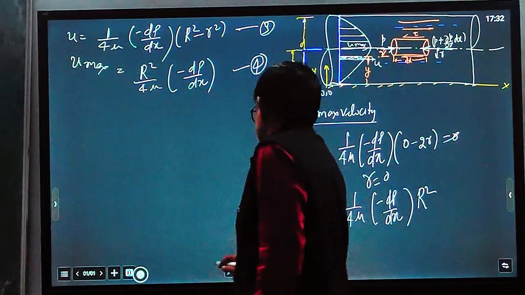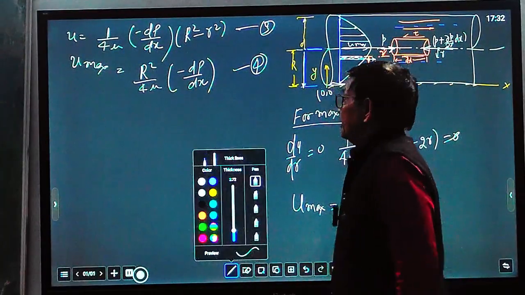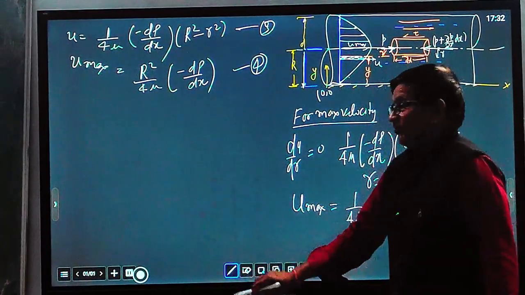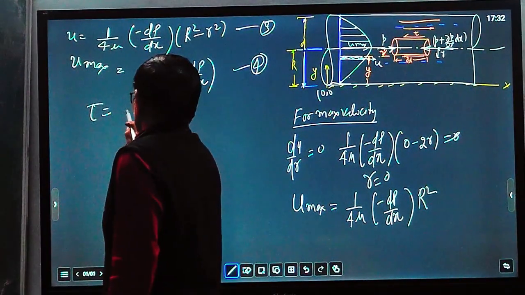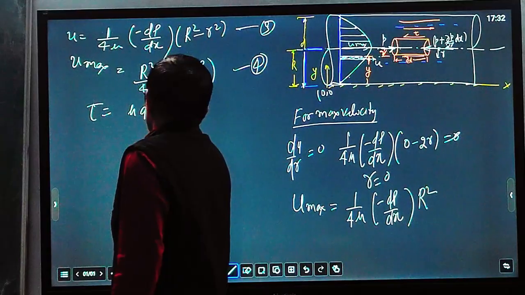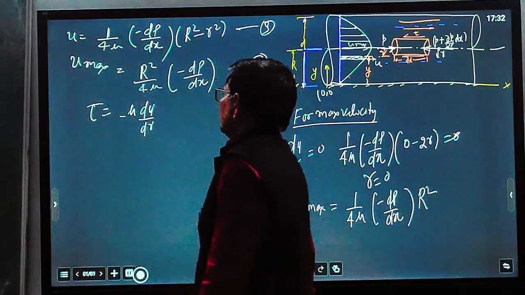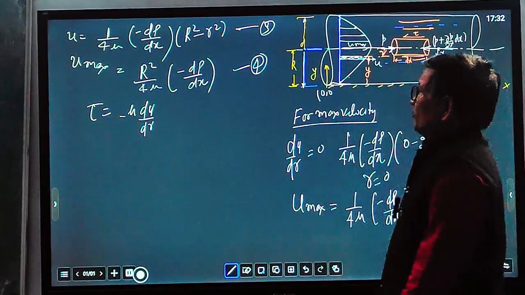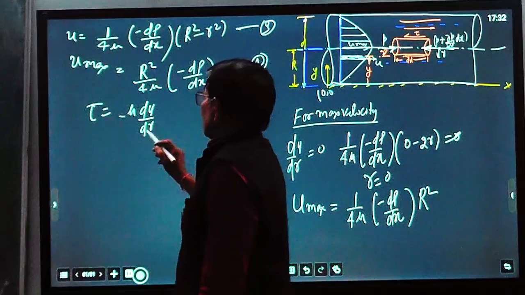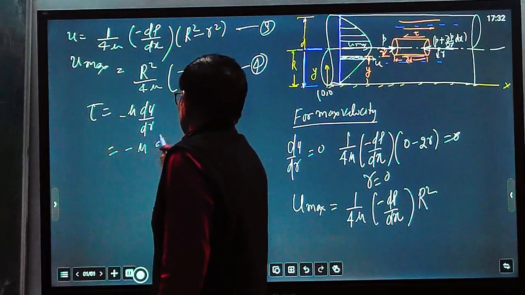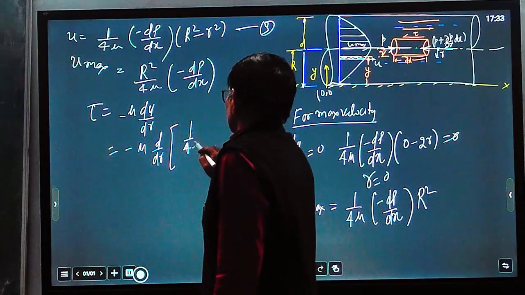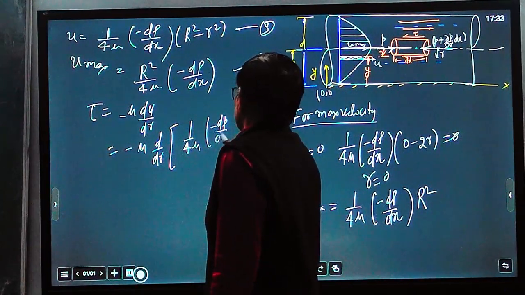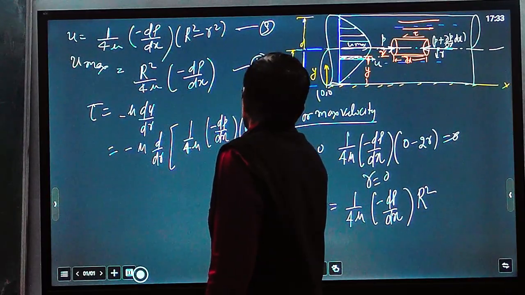Let us find the shear stress distribution. Already we have defined shear stress. So tau equal to mu du over dr, that we have defined; tau equal to minus mu du over dr. Again differentiate u with respect to r, we get minus mu d upon dr of 1 upon 4 mu, minus dp over dx, R square minus r square.